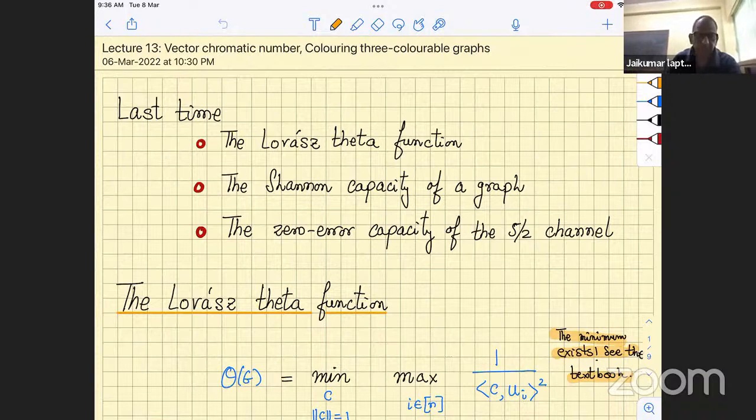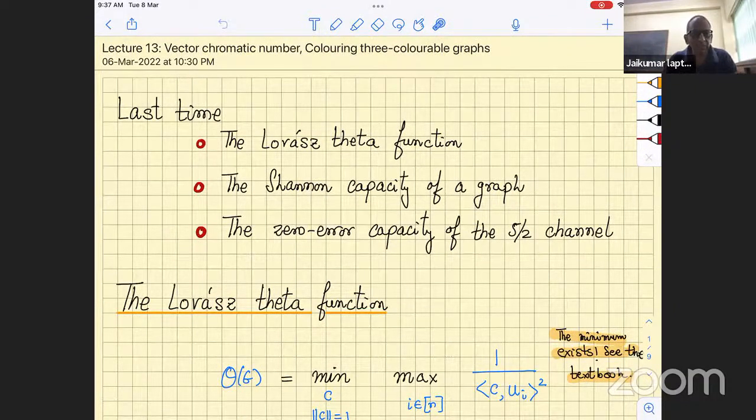So last time we discussed the Lovász theta function, and we used it to understand a particular channel. This was a problem in information transmission.